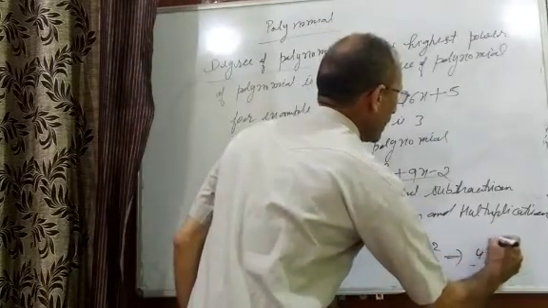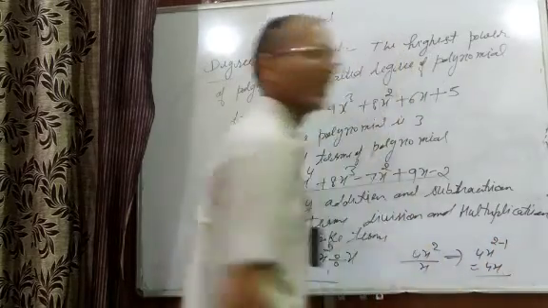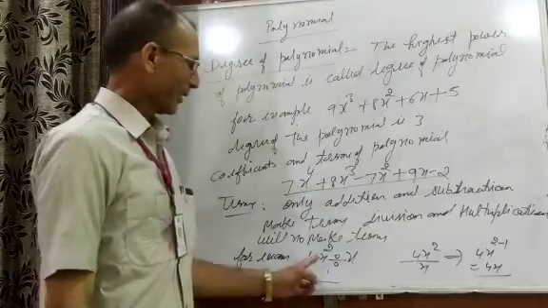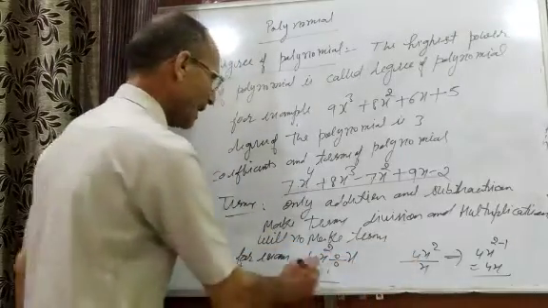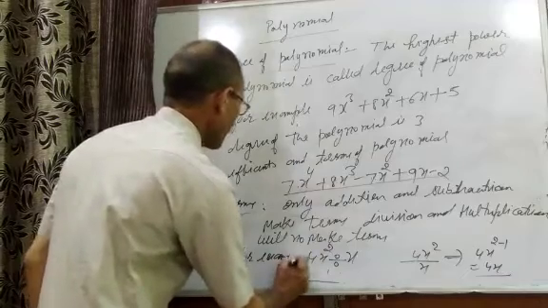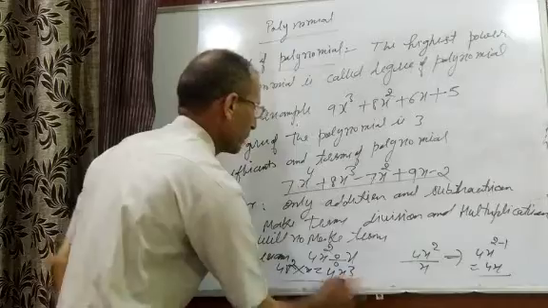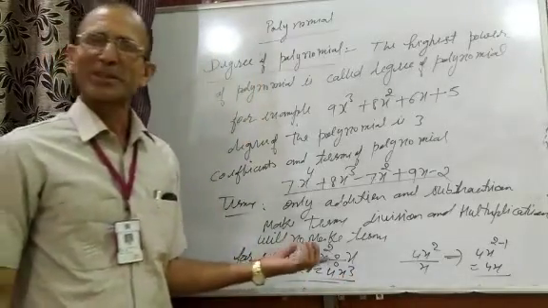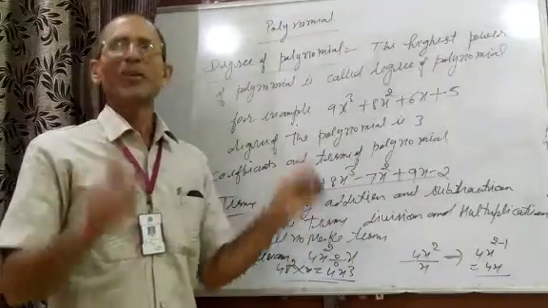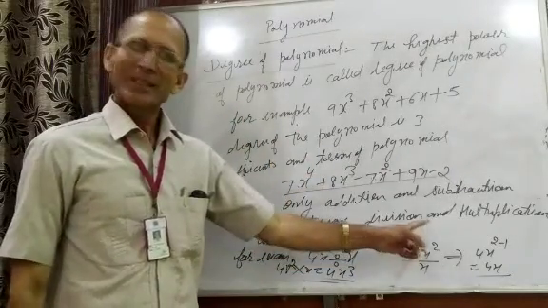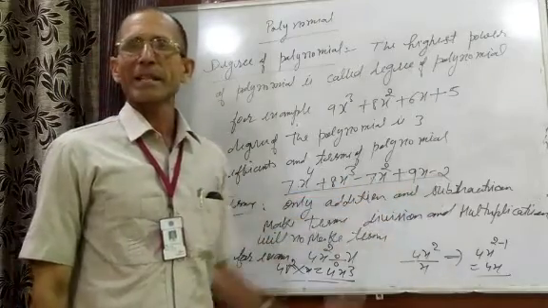So 4x to the power 2 minus 1, so it will be 4x. Only one term. Division and multiplication are similar. If I multiply 4x square by x, the result will be 4x cube. So it will be only one term. If division and multiplication are there, we will get only one term, not many terms. So only addition and subtraction make terms.